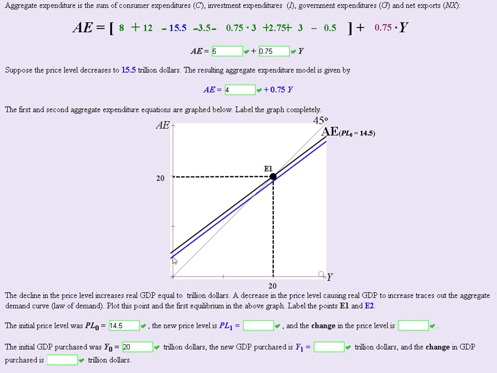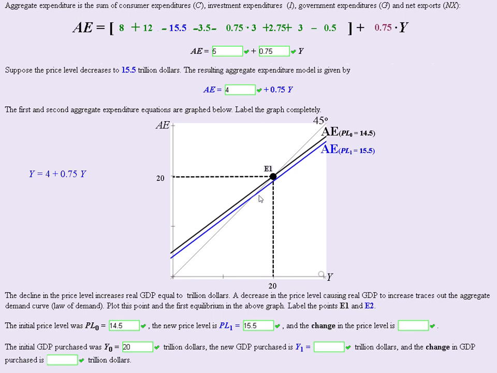The new model is at 4. I labeled this line aggregate expenditure, with the price level being 15.5. So the initial price level was 14.5, the new price level is 15.5, and the change in the price level is 1, which was given to you.